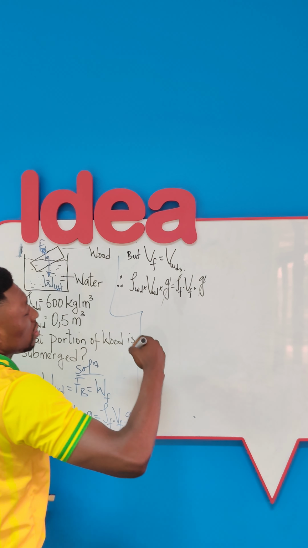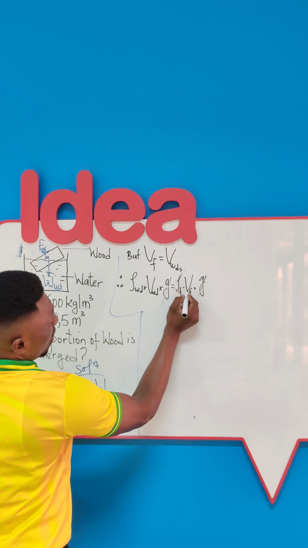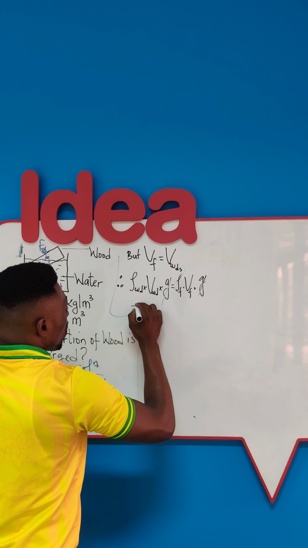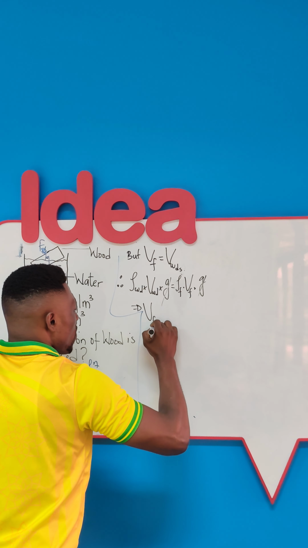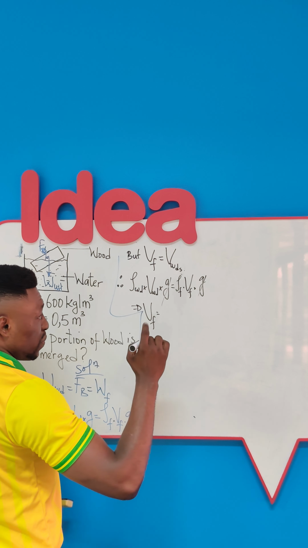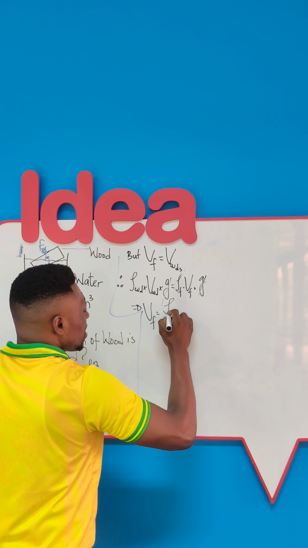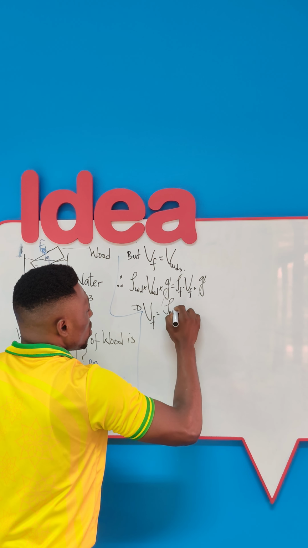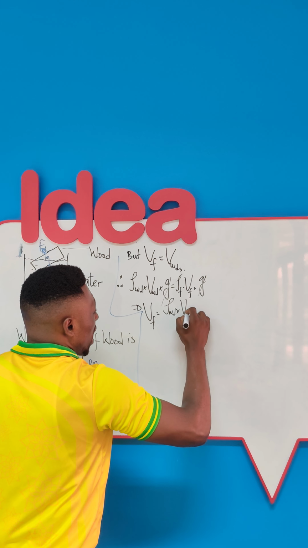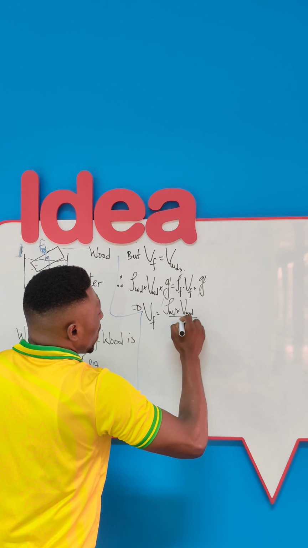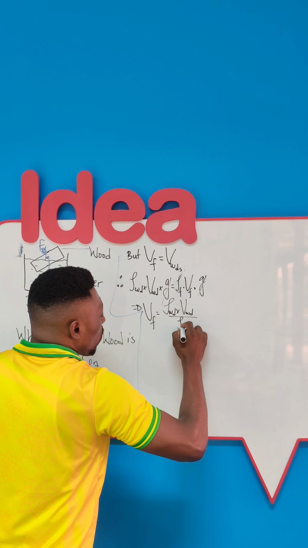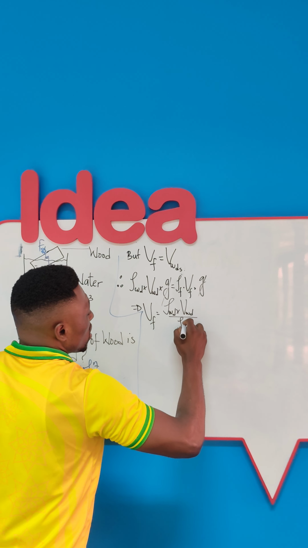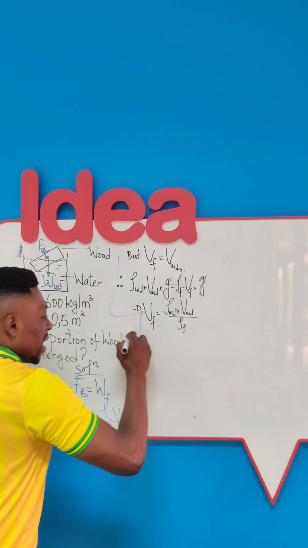Clearly this and this will fall off, and to make VF the subject here, we will have that VF, volume of fluid displaced, will be equal to the density of the wood, the entire wood, times the volume of the entire wood, all divided by the density of water, the fluid displaced, which is water in this case.